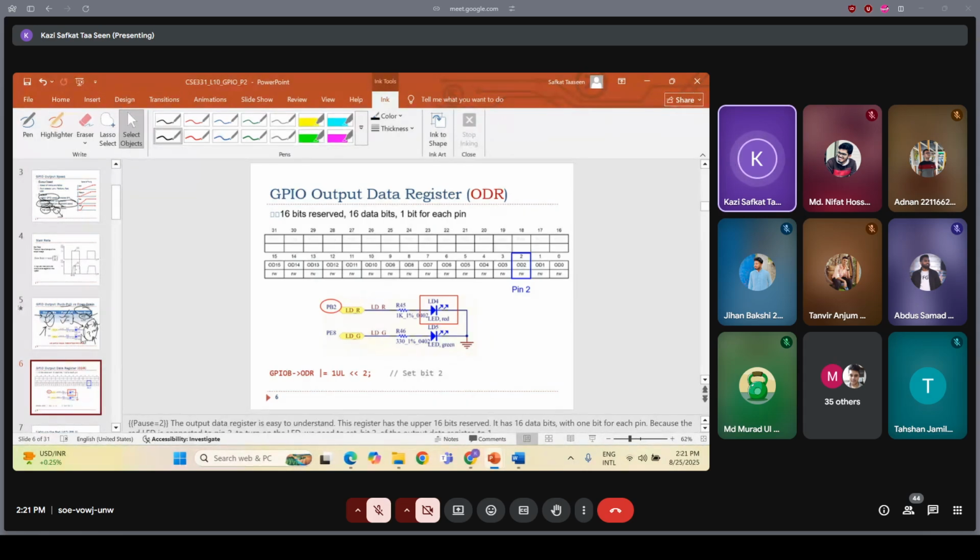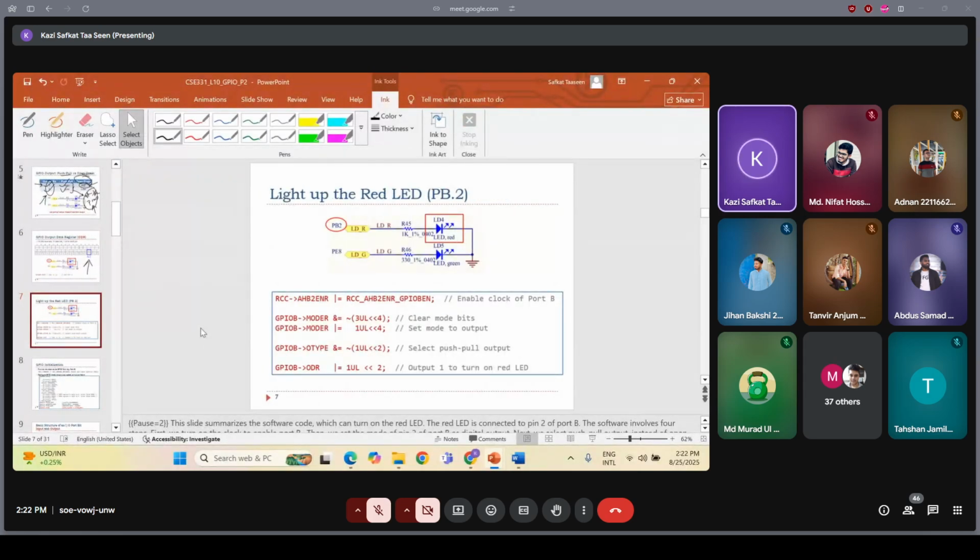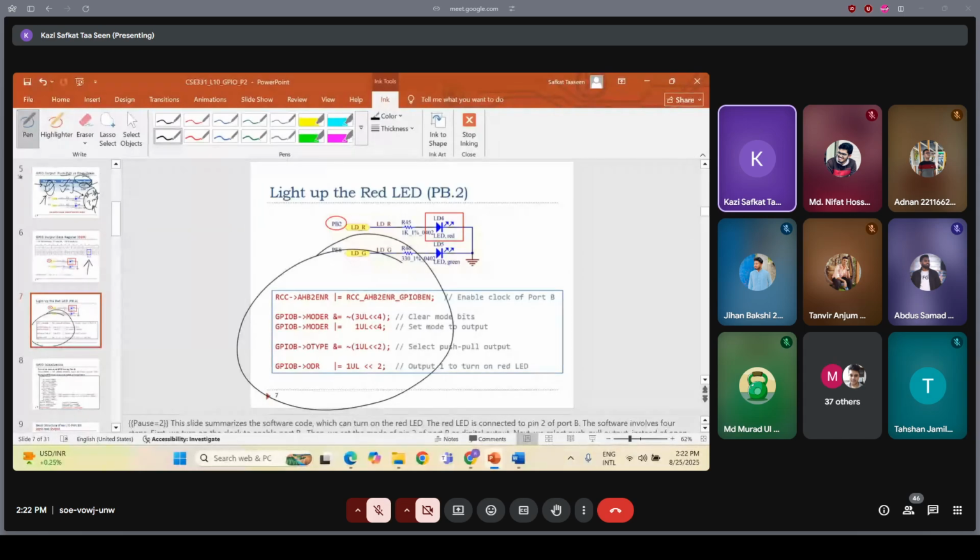Internals of ODR, we already talked about ODR, how it can be used to control the value at a particular pin. So for the exam, you would want to revise this code: how you can turn on the LED, what the steps are, and the expressions that are used.